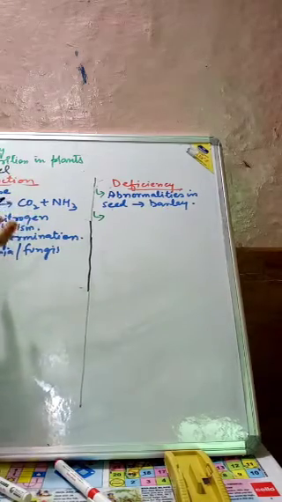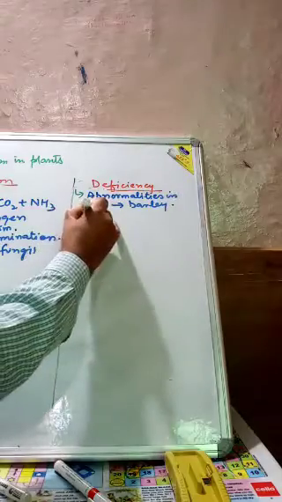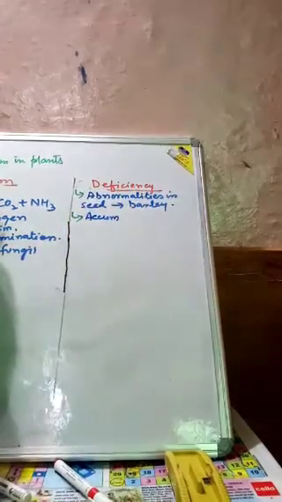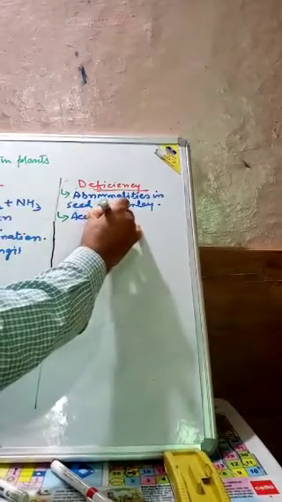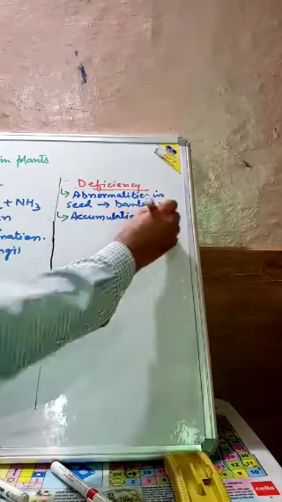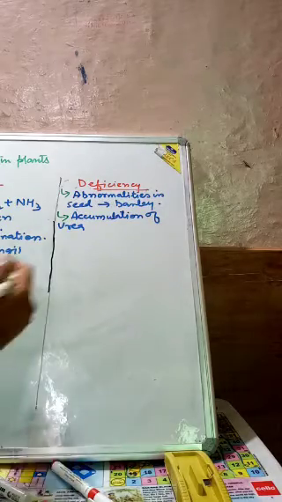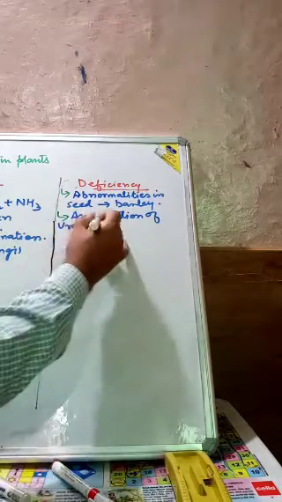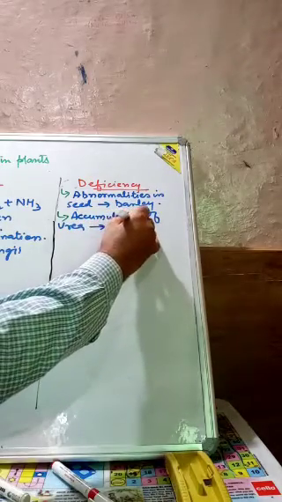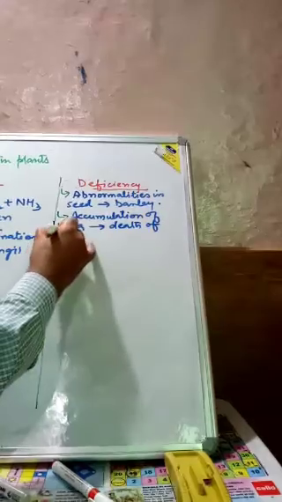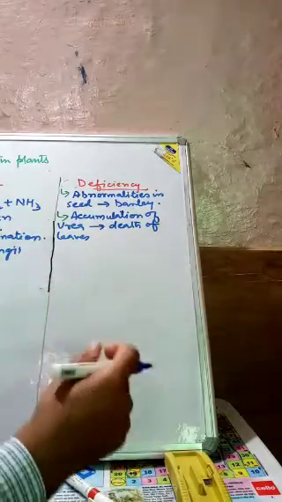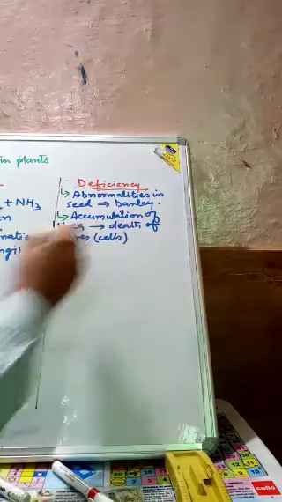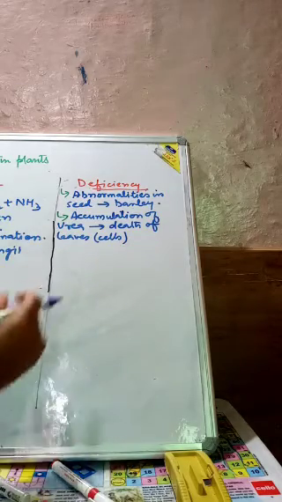When there is a deficiency of nickel in the plant, what we will see is the accumulation of urea in the plant tissue and in the leaves, because we do not have the enzyme that converts this urea into ammonia. When the accumulation of urea becomes too much, it will lead to the death of leaves, which we can also call necrosis, that is, the death of cells in the leaves.